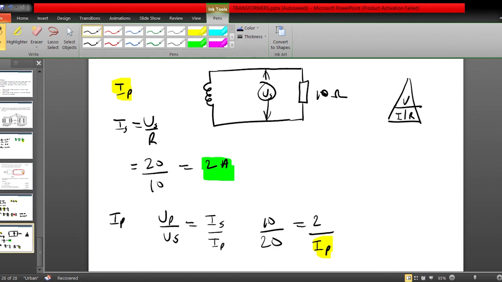Now let's cross multiply. 10 times Ip is 10 Ip. 20 times 2 is 40. Remember, in order to remove the 10 from the front of Ip, we will divide by 10 and do the same thing to the other side. So that cancels that, and 10 into 40 goes 4 times. So Ip is equal to 4 amperes.